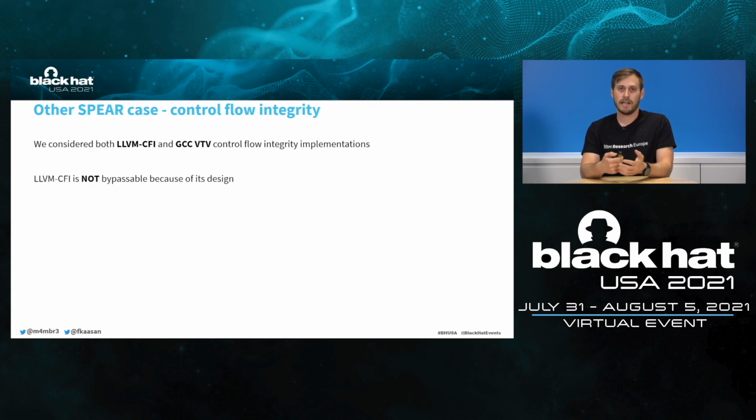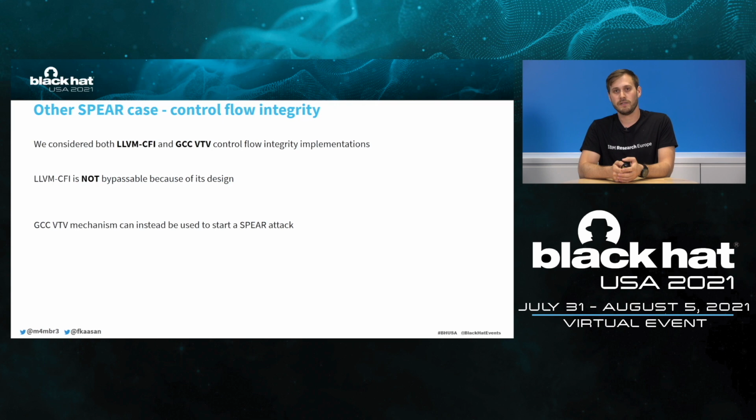We found out that LLVM CFI was actually not bypassable using SPEAR attacks, and this is due to one very fortunate design decision from LLVM that embeds some of the metadata within the pointer, so when we try to evict the metadata, we also evict the pointer, and so the speculative execution will block. There are also other checks that LLVM CFI introduces, but they are against constants that are inline in the code, so we cannot evict those and start our attack.